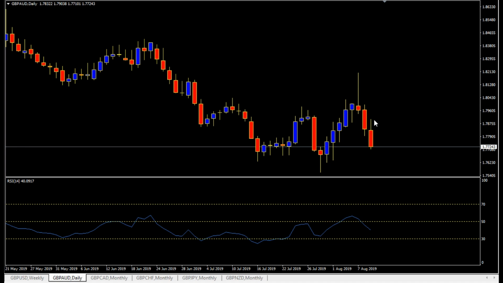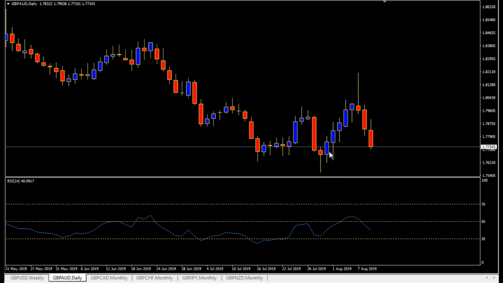Now what you can do is place a pending sell order 5 pips below the low of this, and your take profit should be 5 pips above the low of the previous support. The low is 1.7560, so it should be 1.7555.